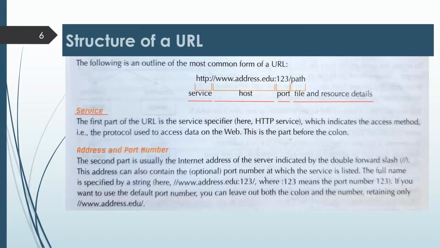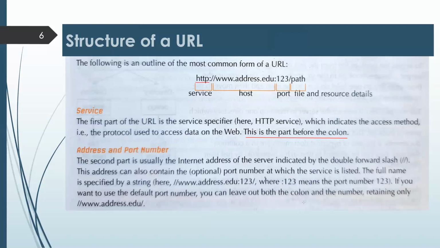So with that service they can be transferred, which indicates the access method, that is the protocol used to access data on the web. This is the part before the colon, that is HTTP.